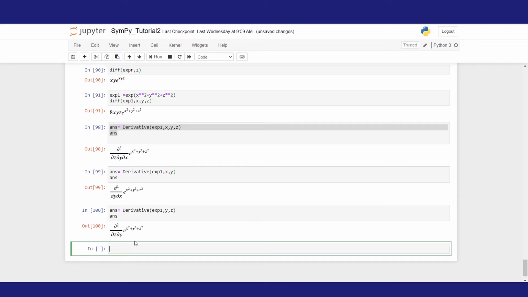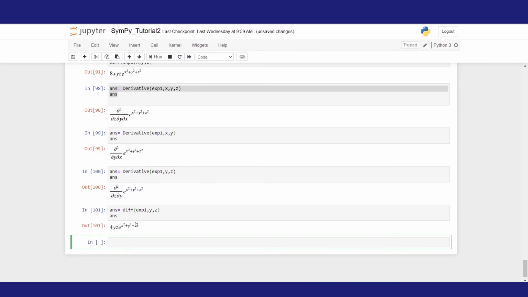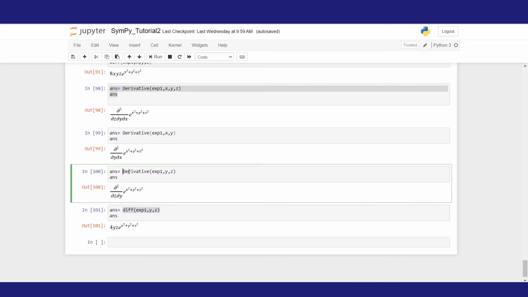But if you wanted an evaluated answer, then you would just use the diff function, which gives us the 4yz times e to the power of x squared plus y squared plus z squared. So this gives an evaluated answer, and the other one gives an unevaluated answer, which remains as the 2 dz dy.